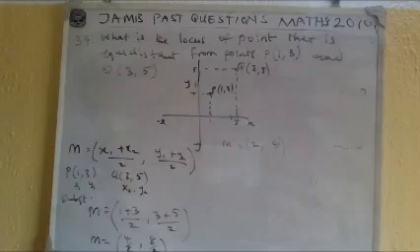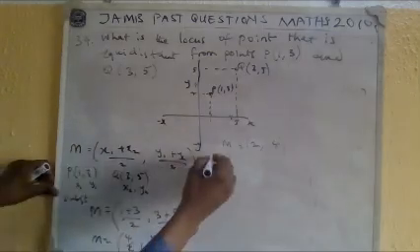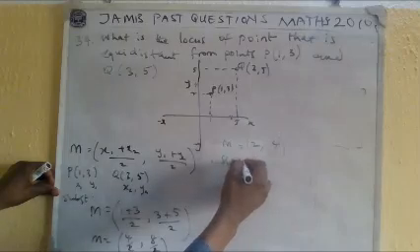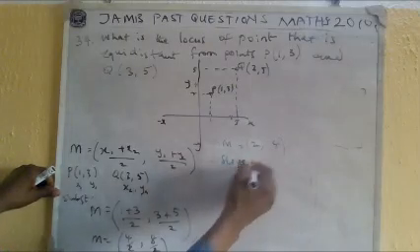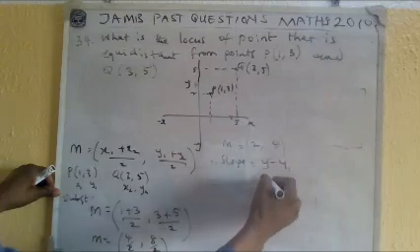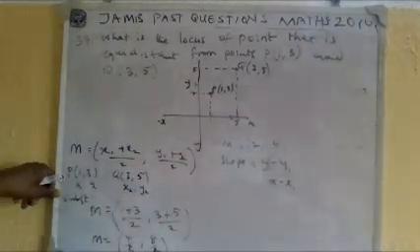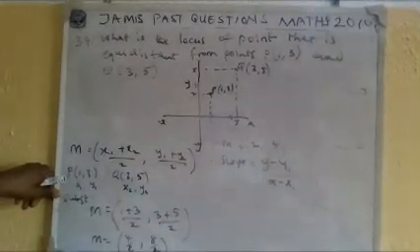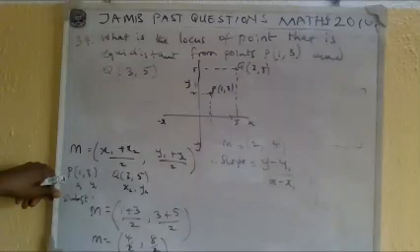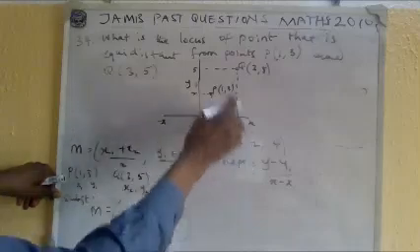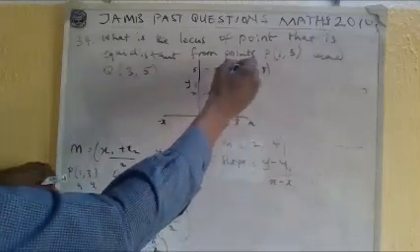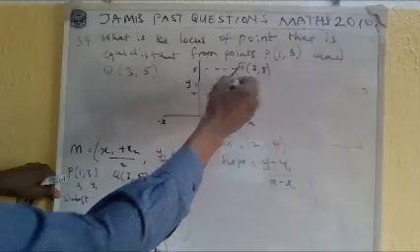So the slope of a line passing through 2 points is given as y minus y1 over x minus x1. Let me just extend the line to make us understand this thing.